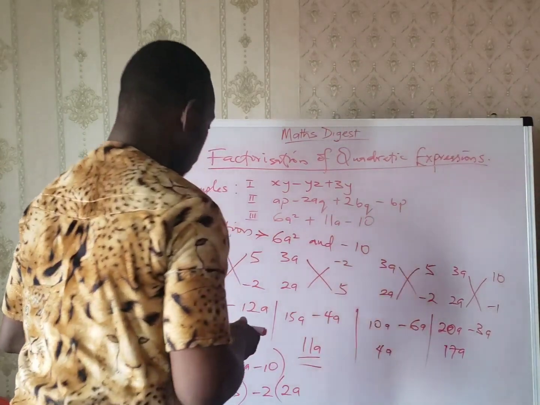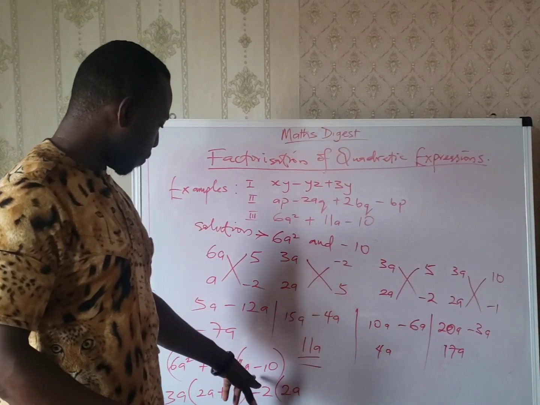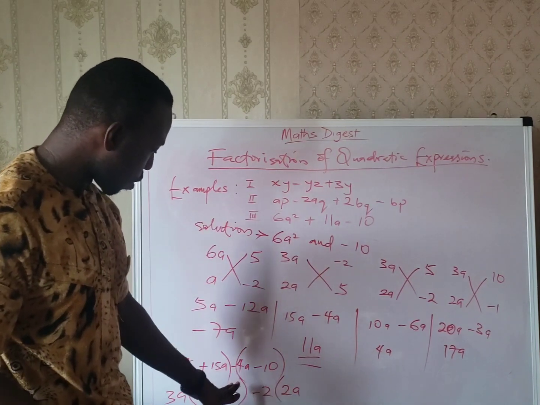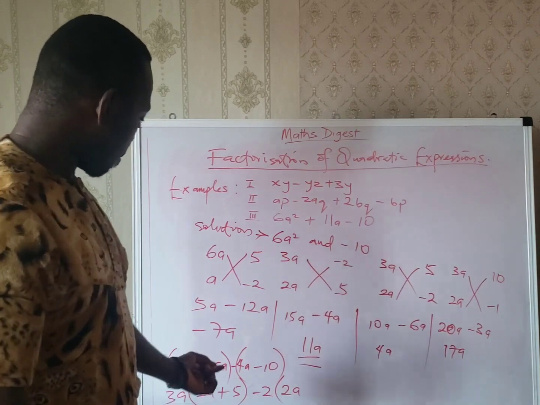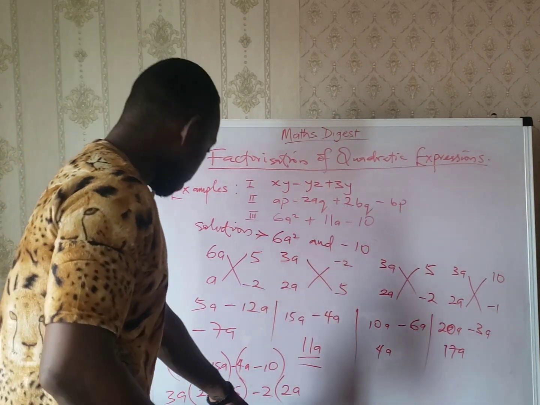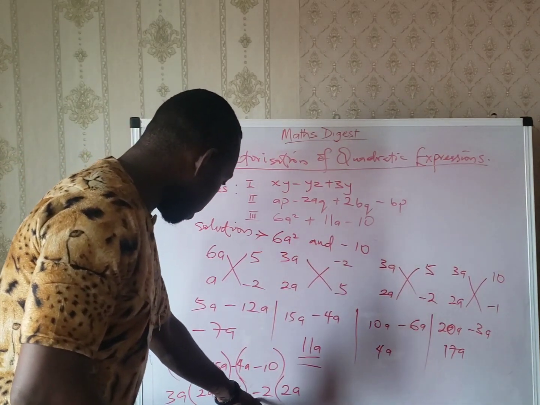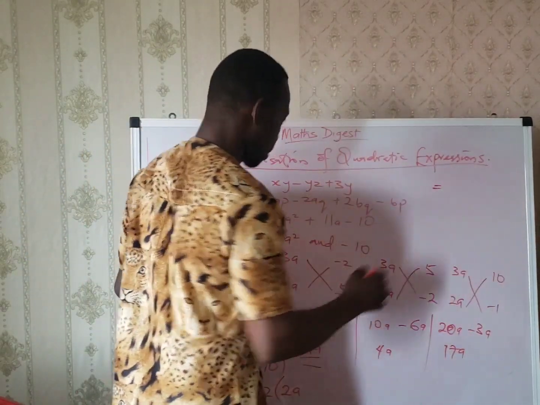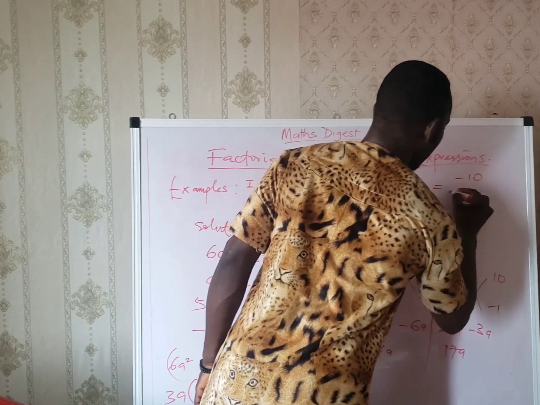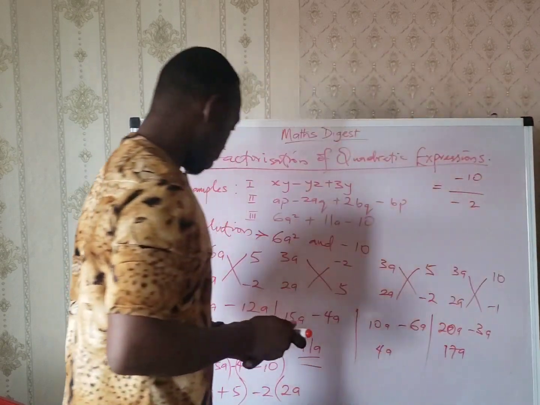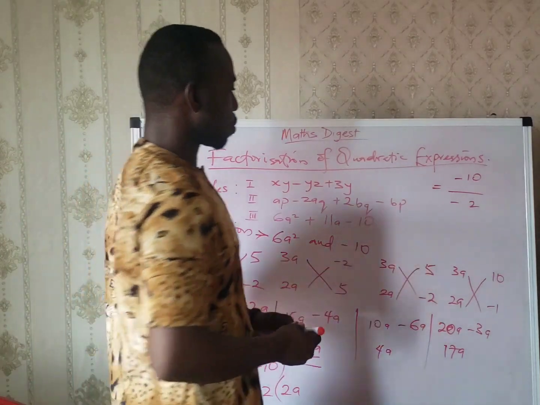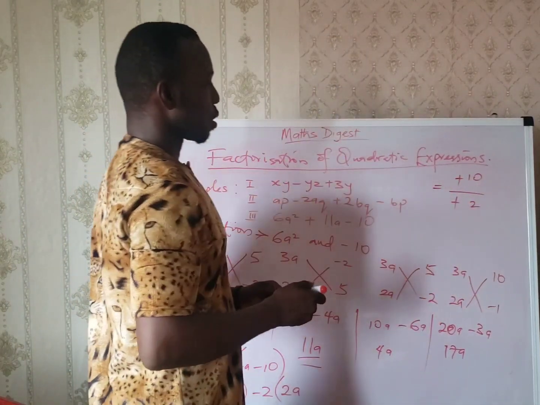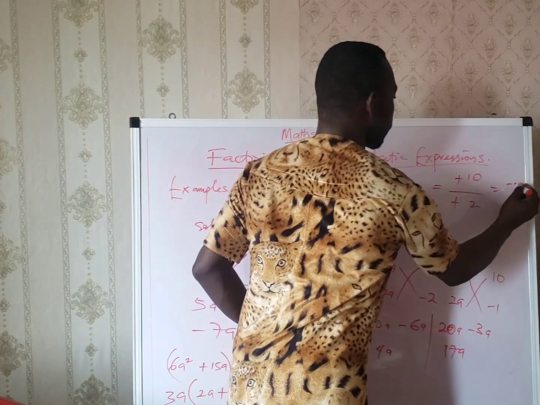Now, remember what we did in the first one, or rather the second example here. We talked about division with a minus sign. So this expression here, dividing this, can be simply stated like this: minus 10 over minus 2. When you say minus 10 over minus 2, remember minus minus we cancel and it becomes plus. So this, divided by this, will give you 5.